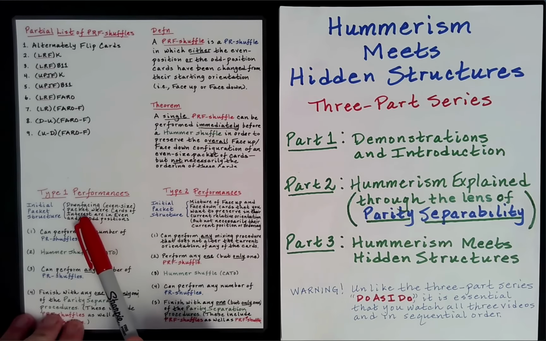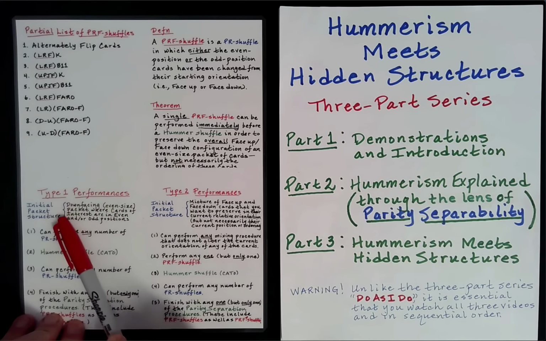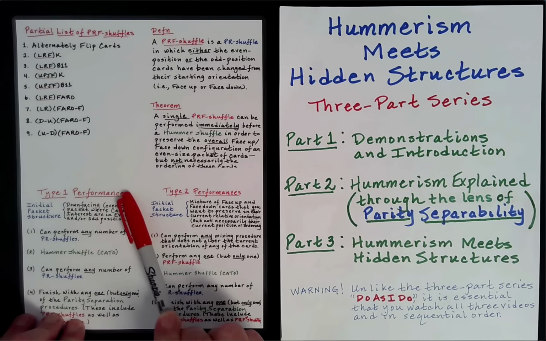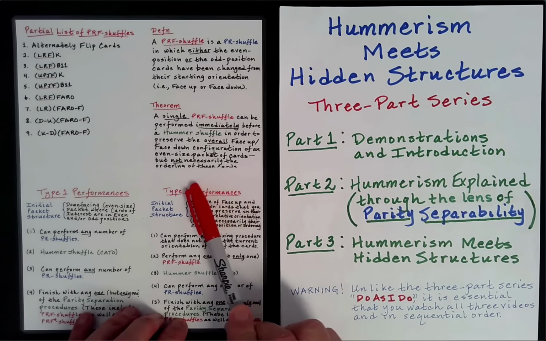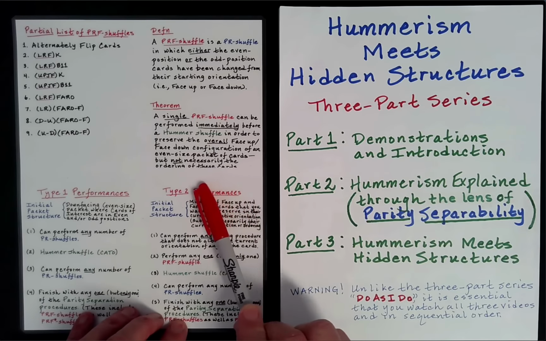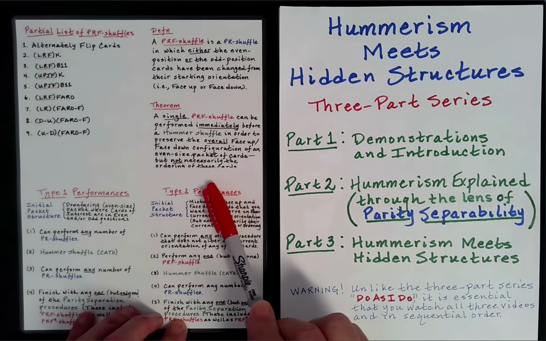The first one is where all of the cards are face down, and the cards of interest are in the even and/or odd positions. The other type is where we have some cards face up and some face down. The goal in the end is to preserve that relative spatial orientation of the cards.